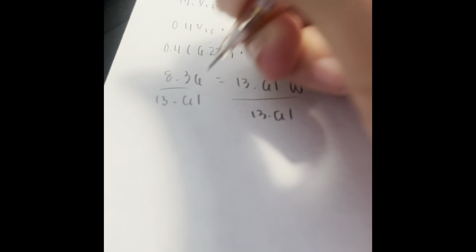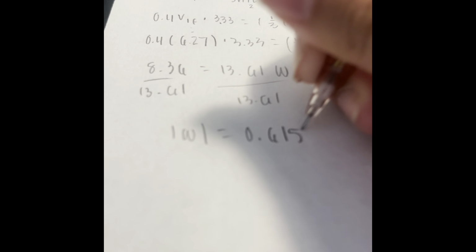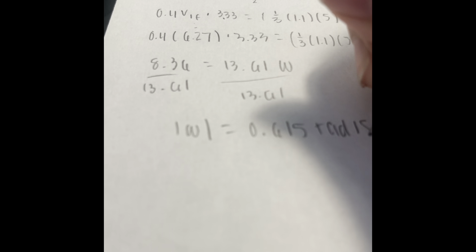I'm going to simplify both sides, and this is what I get. And then I'm going to solve for omega by dividing both sides by 13.61, and I get the magnitude of omega is equal to 0.615 rad per second.